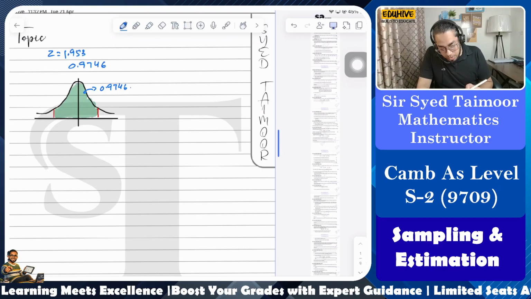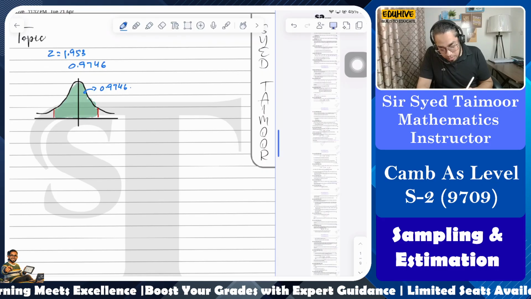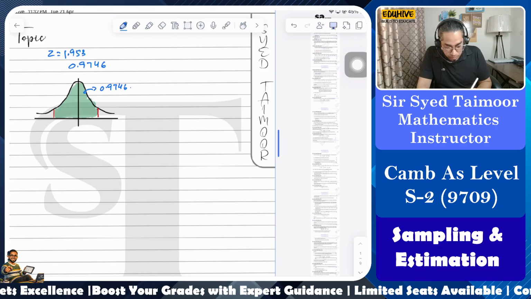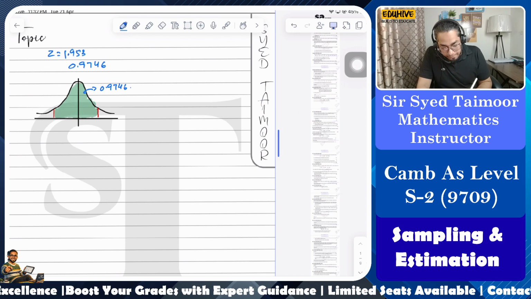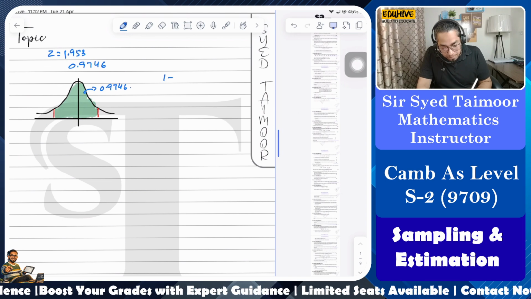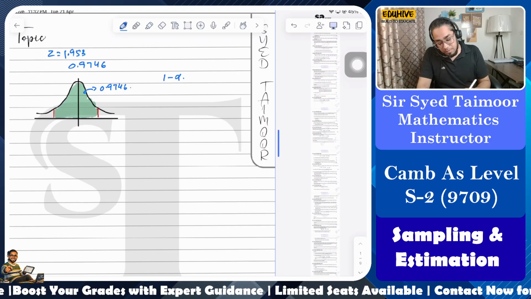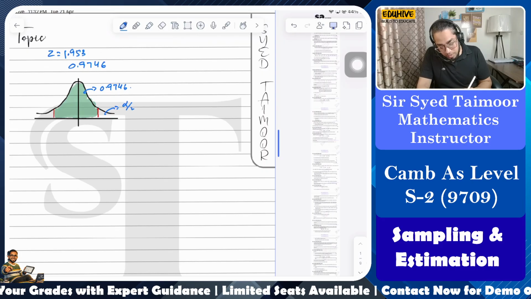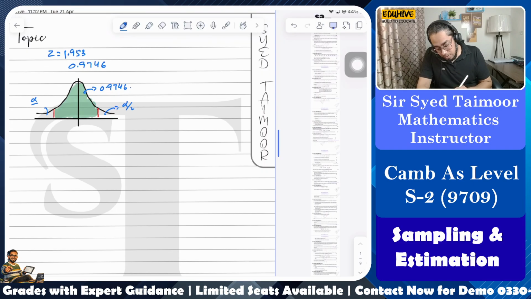So 1 minus this is the remainder, and this will be alpha by 2, and this will be alpha by 2.